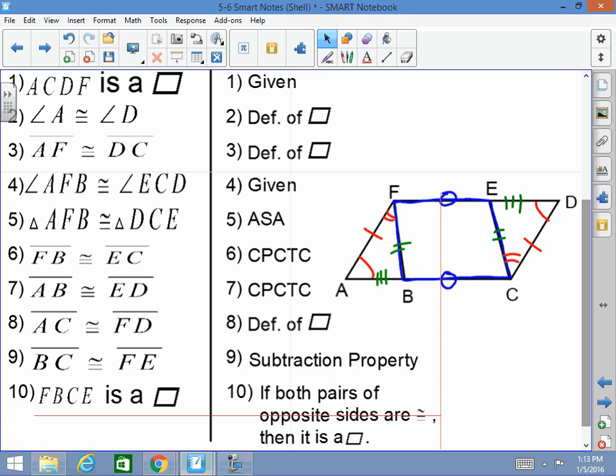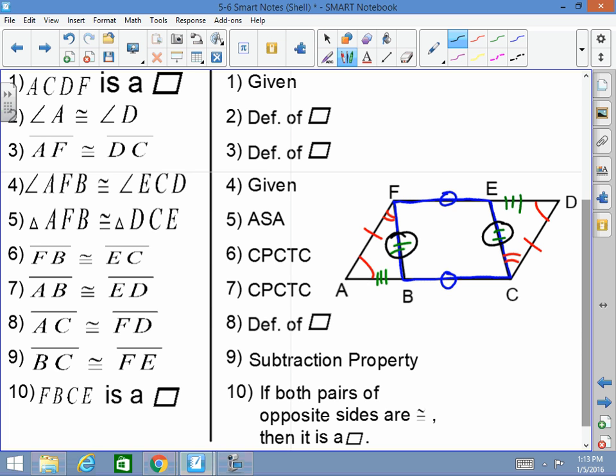You could say definition of parallelogram, yes, I will accept that. But the real definition that you're using is because both pairs of opposite sides are congruent. I don't get it, Mr. Morrow. Well, look, check it out. We got these two sides are congruent, and these two opposite sides are congruent. So if both pairs of opposite sides are congruent, then it is a parallelogram.